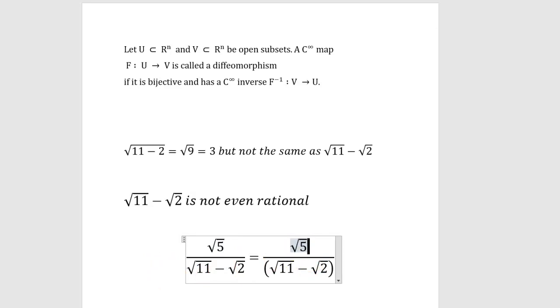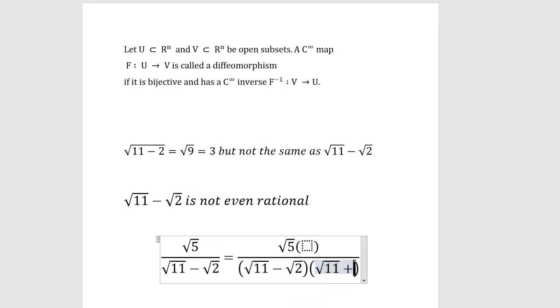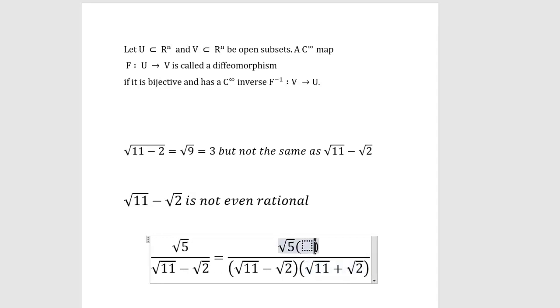So we just take radical 5, now radical 5 is just kind of there. And now we do what's called the conjugate of the bottom. So by conjugation, we do radical 11 plus radical 2 down there. I've made a ton of videos over this, so just see the videos I've already sent y'all.